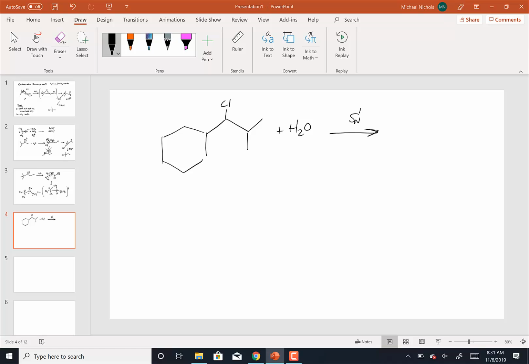Okay. What would the rearranged product or products look like? So lose the chloride, rearrange, and then add water to it.